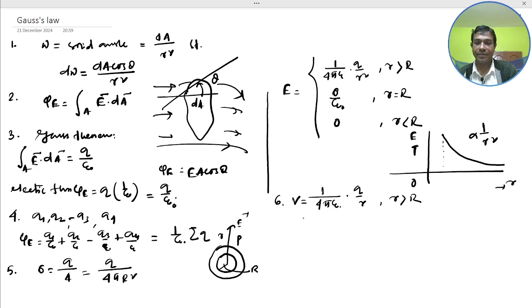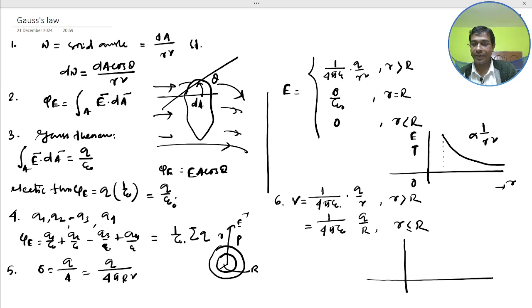And this would become 1 by 4 pi epsilon naught Q by R when r is less than or equal to capital R, and the graph would become: this is r, origin, and the potential V, this is capital R point, and this is proportional to 1 by r.